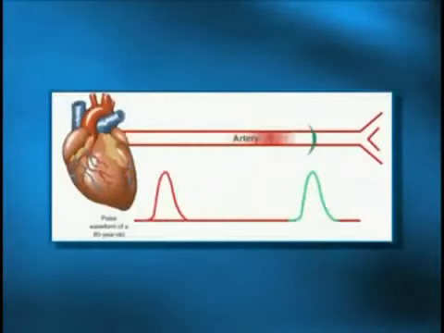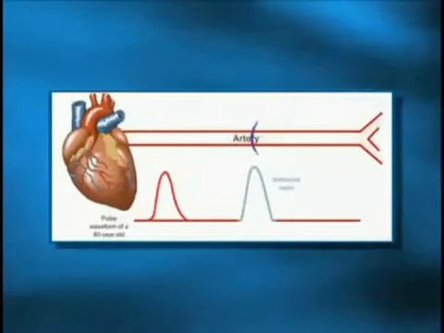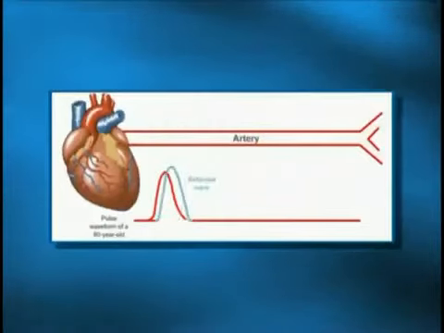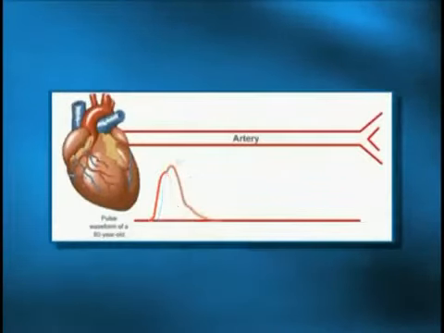Now if you look at an 80-year-old, you see a very stiff artery, and when the heart pumps, the wave travels so fast, it comes back right at you at the systole. So the wave goes up, and then it is augmented, or increased, by the reflected wave, and you spend about 2/3 of the time overcoming the wave and 1/3 of the time resting and getting the blood.